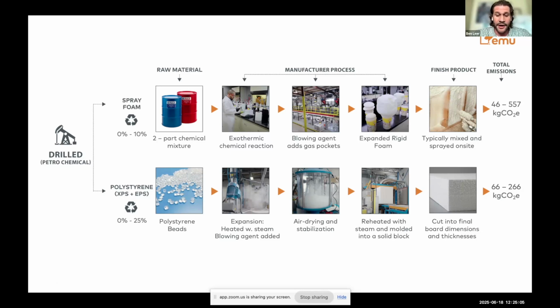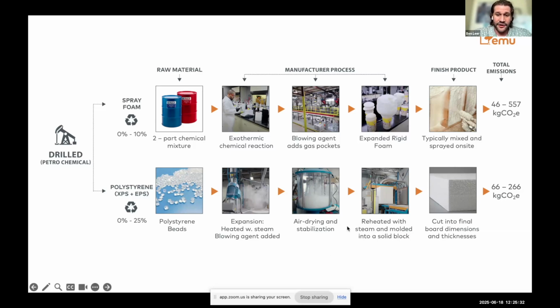Polystyrene is just a polymer that's manufactured from petrochemicals, so through oil. These polystyrene beads get heated with steam and they expand in size. At the same time, we also add an additional blowing agent to trap pockets of air within the material. That material then dries out and gets stable.